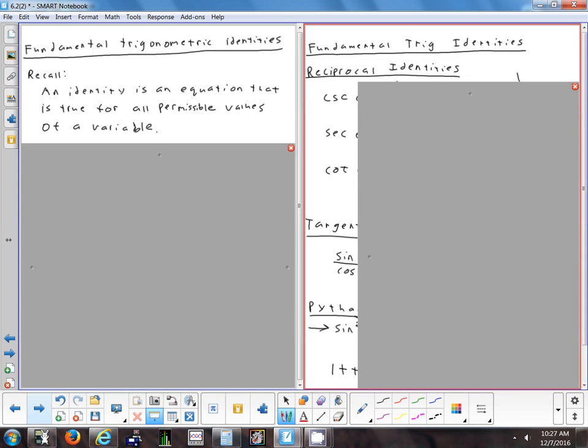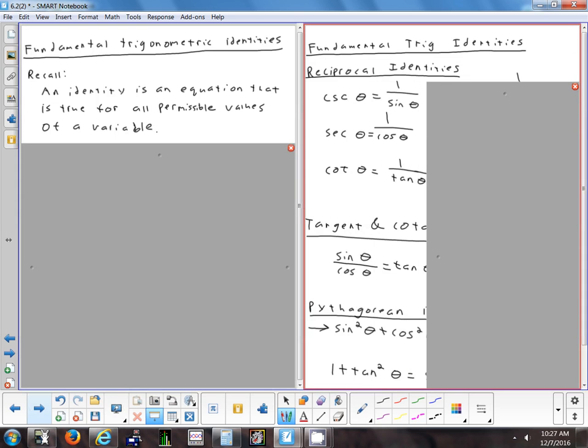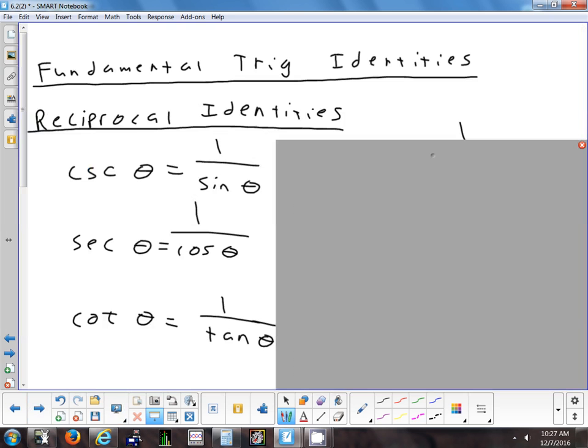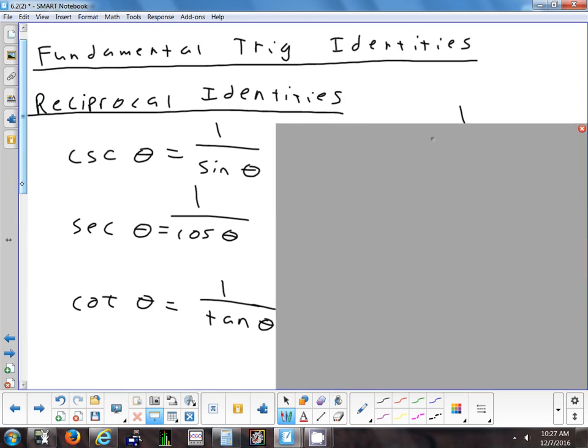Those are called reciprocal identities. So, reciprocal identities basically are when you flip a trig function to get a different one. If you flip sine, you get cosecant. If you flip cosine, you get secant. If you flip tangent, you get cotangent.